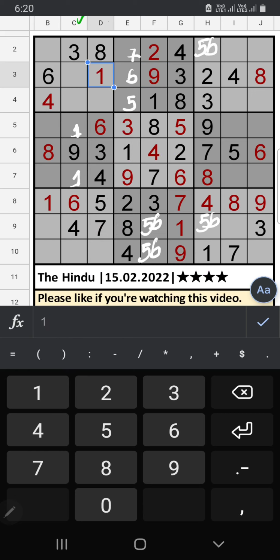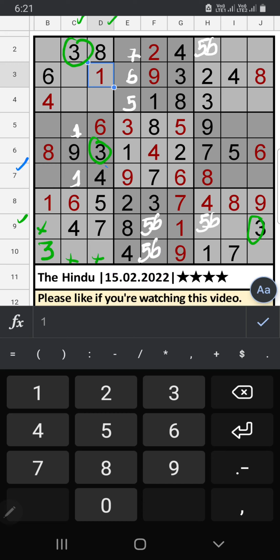Column C and column D we have 3. So 3 can't come these cells. Ninth row we have 3. So 3 can't come in these cells. Then 3 is confirmed here.